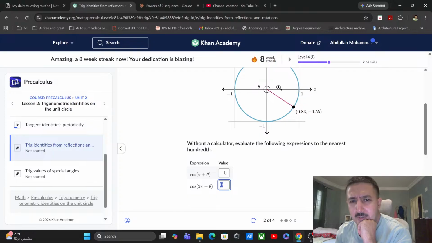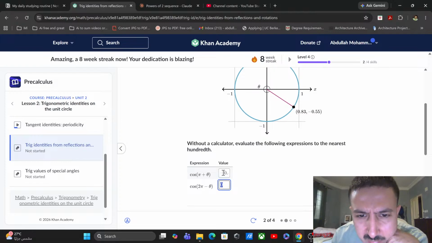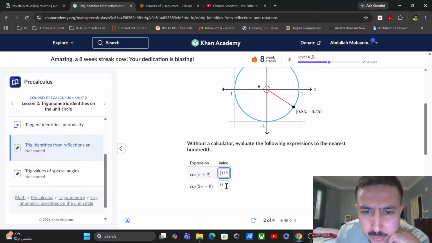So this is, wait, 2 pi. Why is there a negative? 0.88.